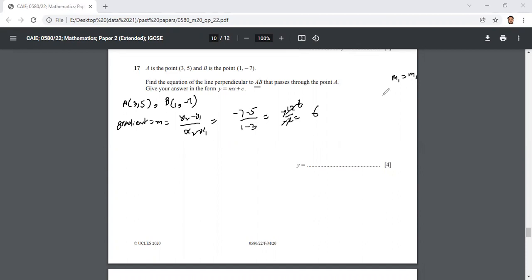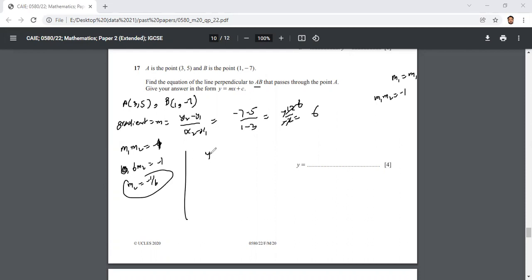But when lines are perpendicular, the product of the 2 gradients must be equal to minus 1. So M1 times M2 equals minus 1. M1 is 6, so M2 equals minus 1 over 6. So that will help you, okay?